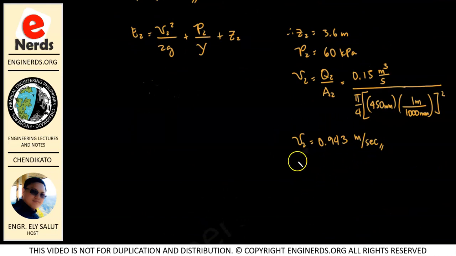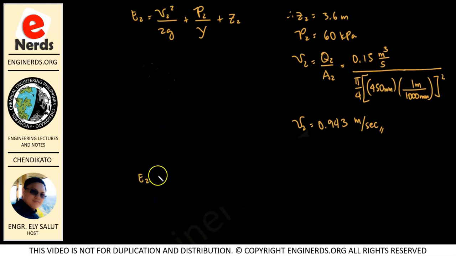Okay, so now we got the value of V2, no? So we can substitute that here so we can get the value of E2. So our E2 is equal to the velocity 2 squared, which is 0.943 meters per second squared, over 2 times the acceleration due to gravity, which is 9.81 meters per second squared, plus our P2.